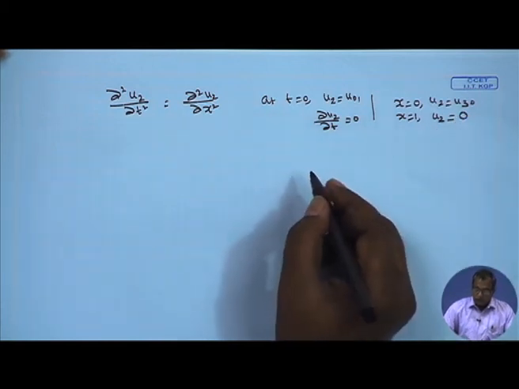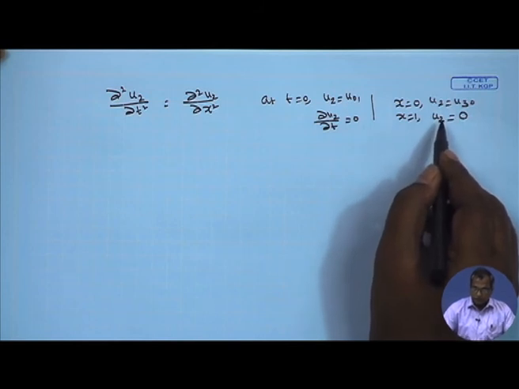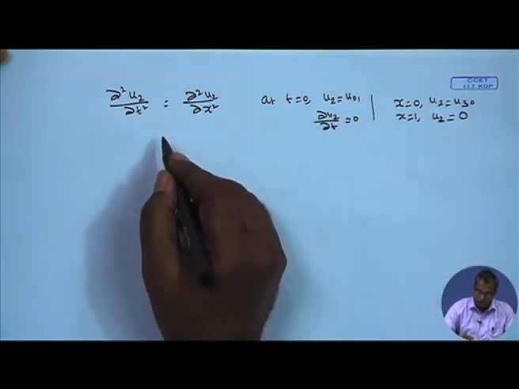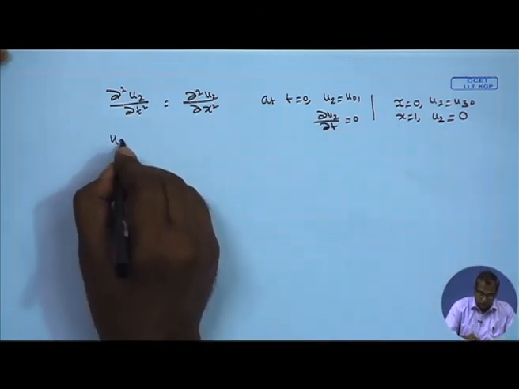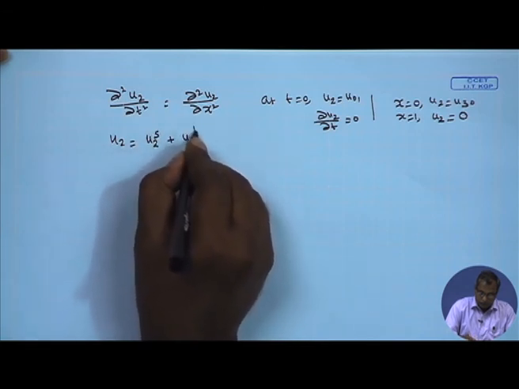So, we will have a non-homogeneous boundary condition here, and therefore, we can break down this problem into two sub problems. u2 is equal to u2s plus u2t.